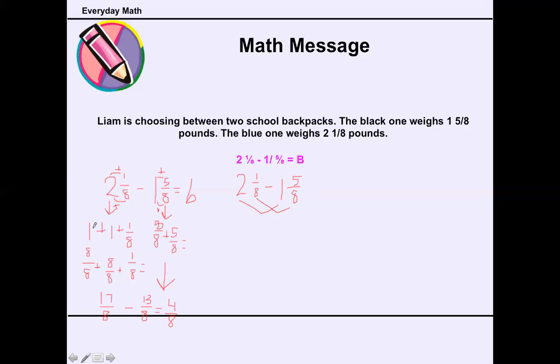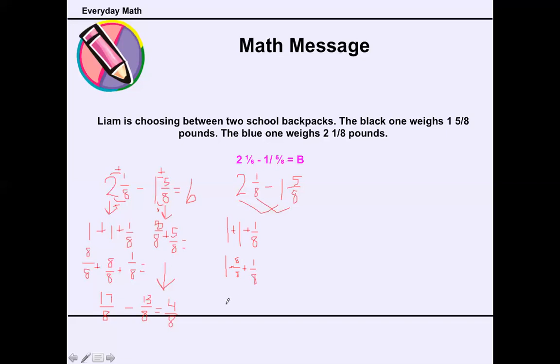So I can decompose this kind of like I did here. Okay, I can say 2 1/8 is the same as 1 plus 1 plus 1/8. Okay, and then since I know there's a 1, I can keep this 1. I can turn this 1 into 8/8, plus 1/8.